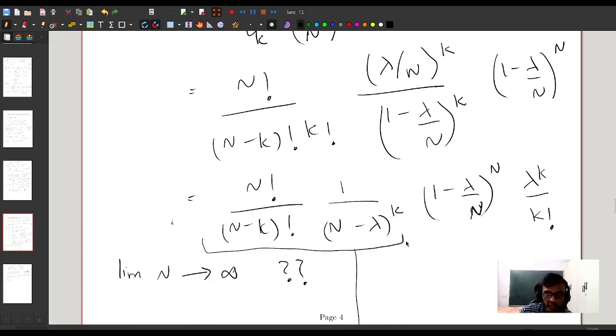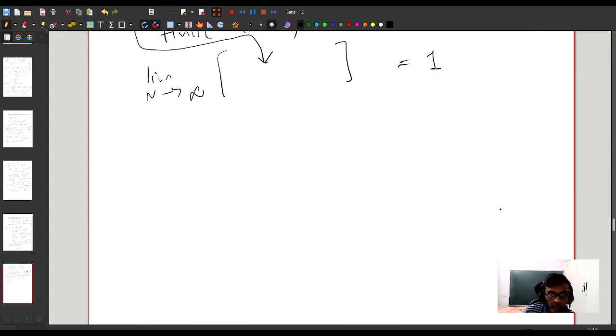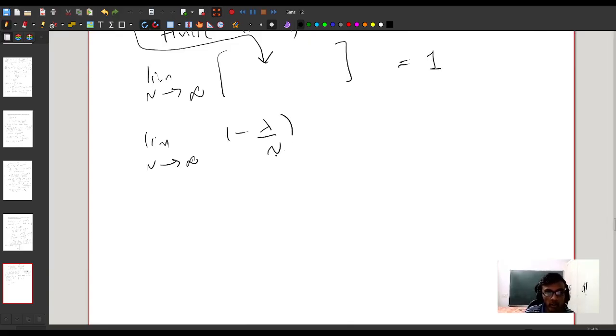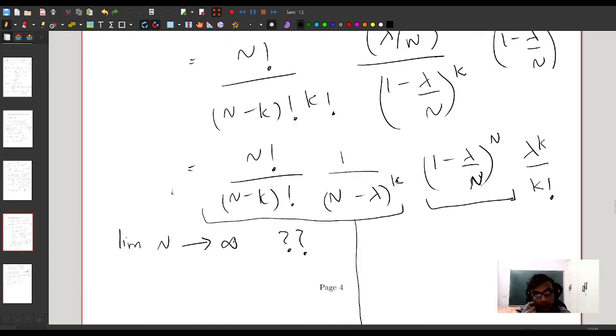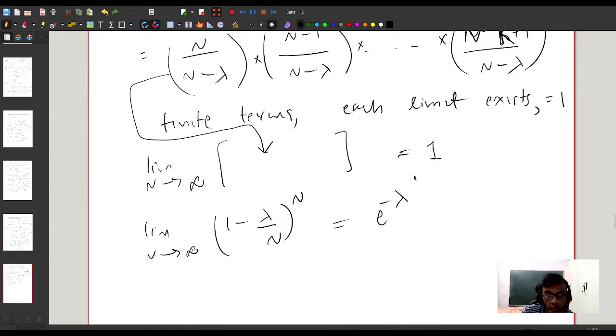Since this limit exists, we can now look at the second term. That is a standard result. The limit n going to infinity of 1 minus lambda over n whole to the n exists and is e to the minus lambda. Since both of these limits exist, indeed this probability distribution function in the limit n tending to infinity will converge to this new probability distribution function.